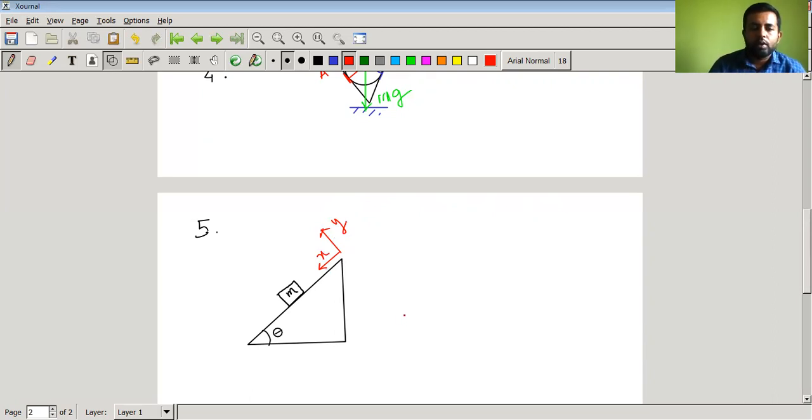Now we all know that if there is no friction, then the block can't stay there. This block is going to slide down, right, if there is no friction. So friction opposes the relative motion, so it is obvious that friction will be acting, let us say, in this direction.